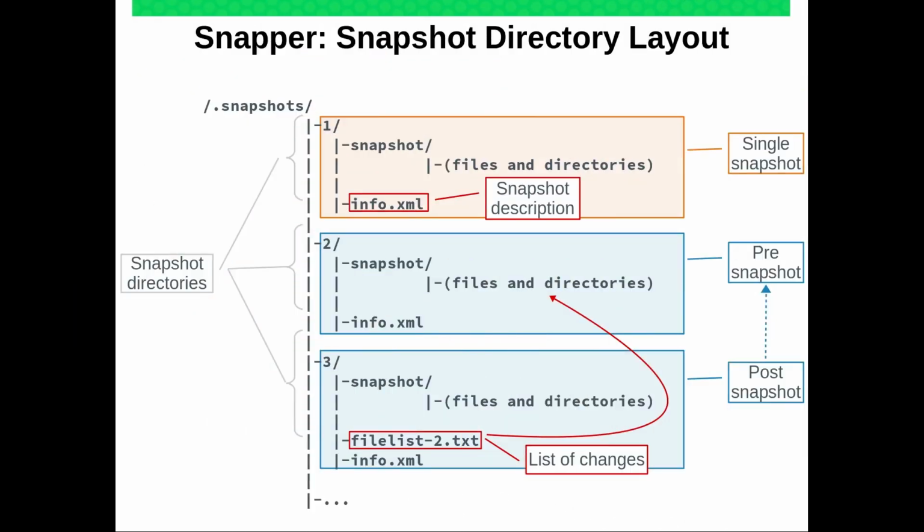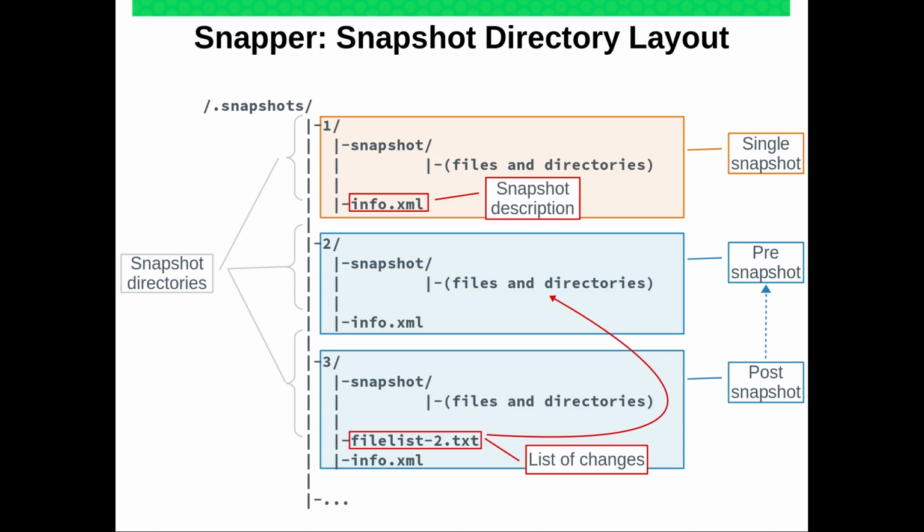Now, working with snapshots, and we've described the YaST tool and the command line tool, there's also a directory layout that we can work with. Again, it's usually at the root of the volume where snapshots exist, in this case, the root volume. If you look at the info.xml file, as is highlighted here, you can see information that describes the snapshot.